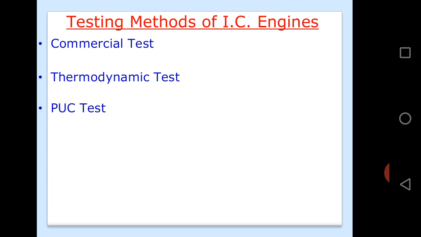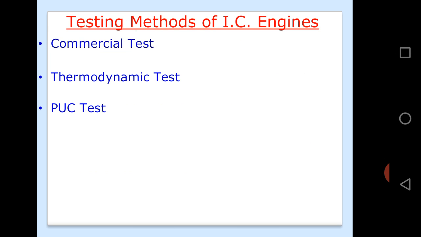Then what are the different methods of testing? There are three types of testing methods: commercial test, thermodynamic test, and PUC test. The majority of tests on IC engines are carried out for commercial purposes. In a commercial test, normally we find out the rated power output with respect to fuel consumption.